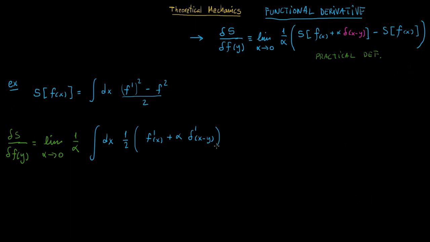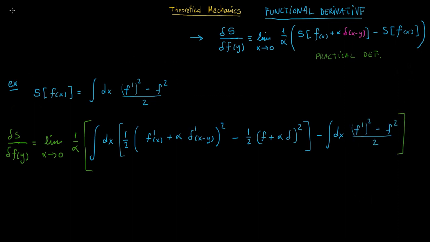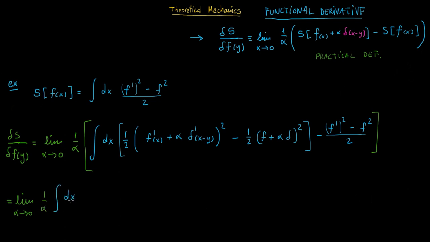All this squared minus 1/2 f plus alpha delta squared, minus the integral of this thing. So let's compute. The first thing we can do is join this into one integral. So this is going to be the limit when alpha goes to 0 of 1 over alpha, the integral dx, and let's see.